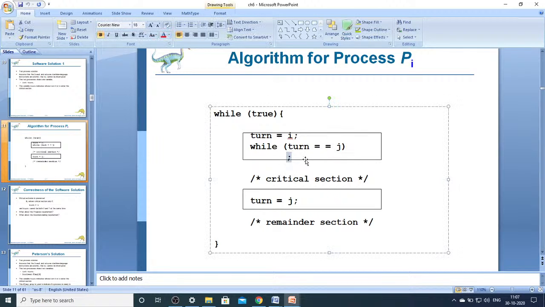Here semicolon represents no operation. So this process Pi does nothing and keeps waiting until the neighbor process, that is Pj, completes its critical section.